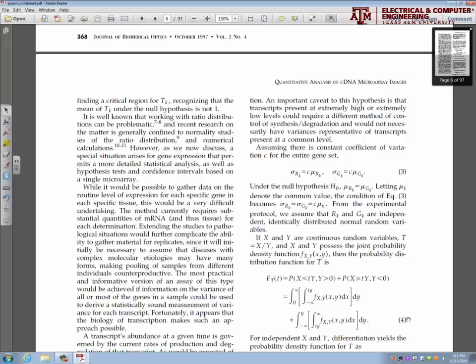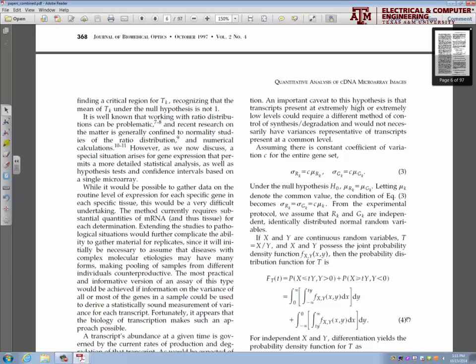So now you're going to do some math to calculate the density of this ratio x over y. And you know how to get the density function for a function of random variables. Basically, you first find the distribution function, and then you differentiate it.